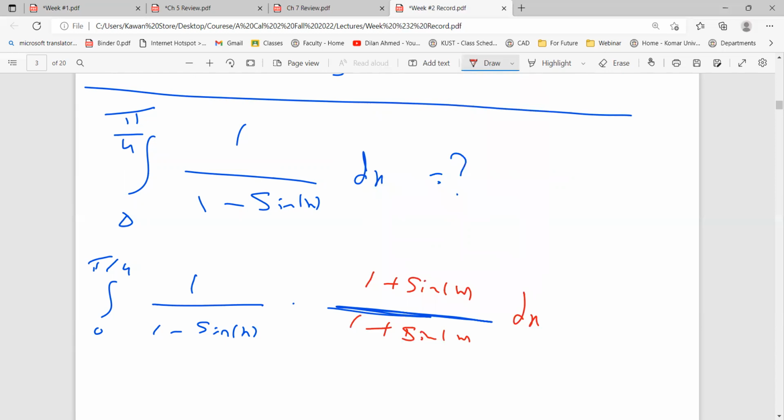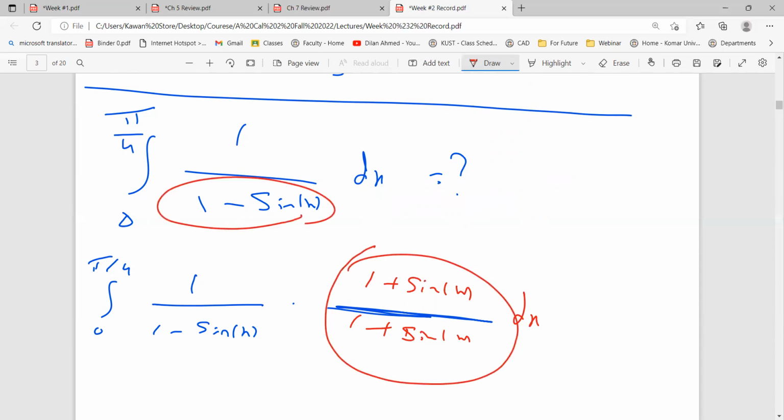For now, no, there's no derivative. Forget about that one. There is no derivative here. The derivative of here should be minus cosine of x, but we don't have it, so we cannot bring it here. Understood?